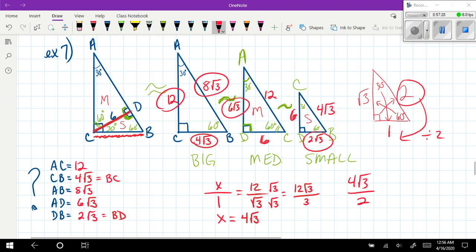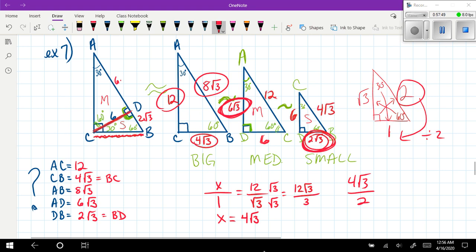Alrighty. I think we're good to go. Let me see. Is there anything else I can think of to mention to you? Yeah, I think so. This DB over here, this 2 root 3, I'm going to put it right here, 2 root 3. And this 6 root 3 right here on AD.